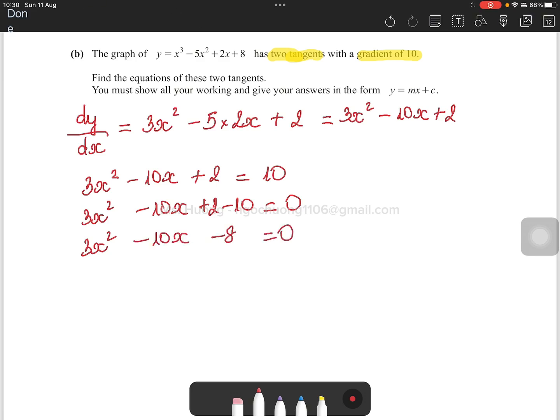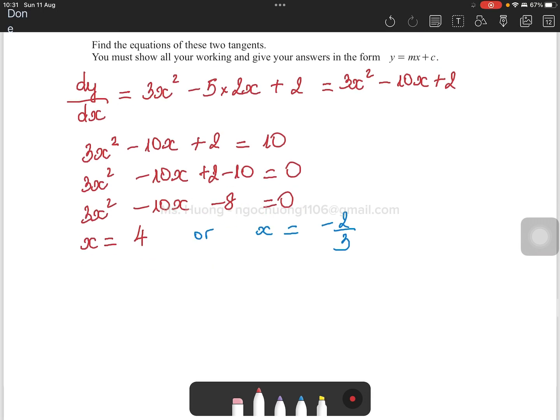You can use your calculator to solve this equation, and the two values for x are x equals 4 or x equals negative 2/3. If x is equal to 4, then y is equal to 4 cubed minus 5 times 4 squared plus 2 times 4 plus 8. So y is equal to 0.